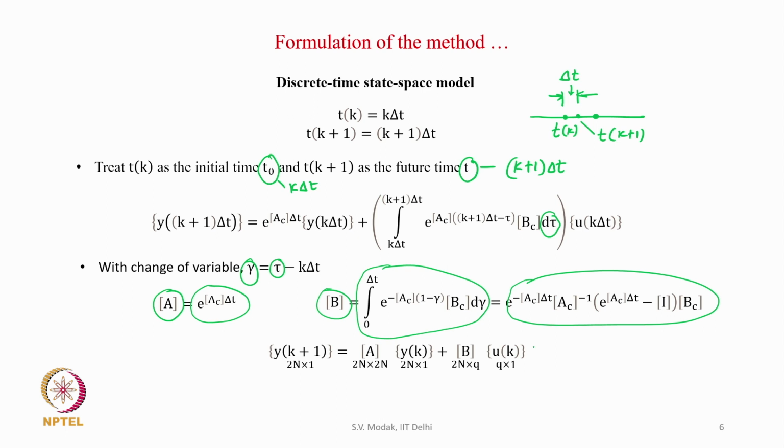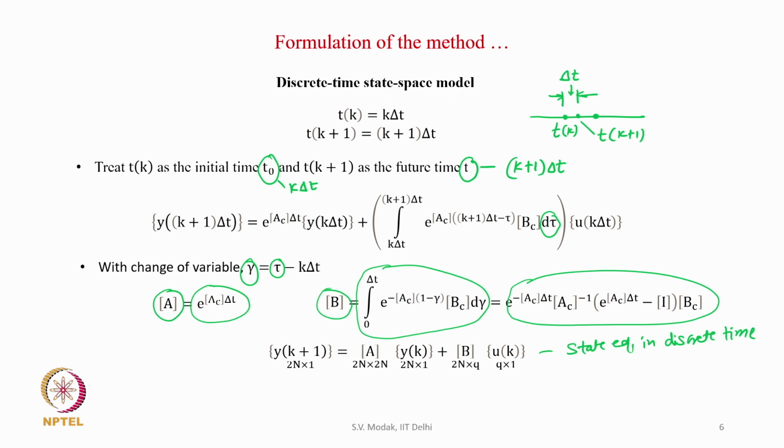This is the state equation in discrete time. Here we see that the state at a future instant, the k plus 1th instant, depends on the state vector at the kth instant and the input vector at the kth instant, and A and B are the state matrix and input matrix in discrete time.